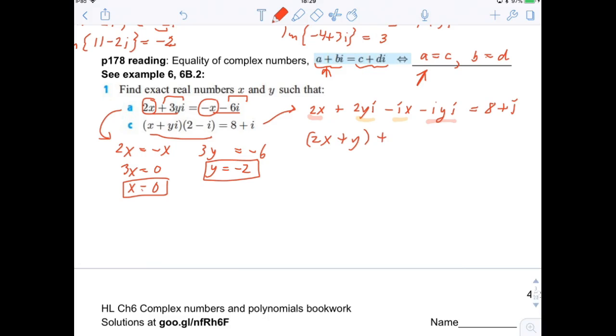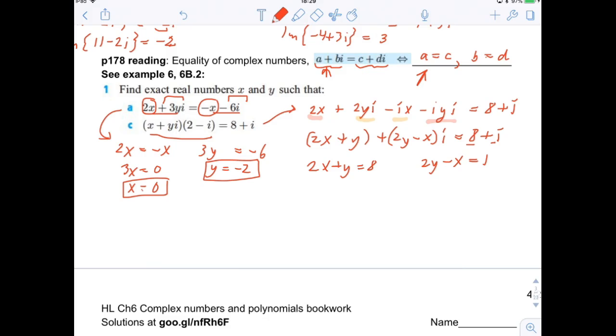So we'll write 2y minus x i, and that is equal to 8 plus i. So now we know that 2x plus y equals 8, and we know that 2y minus x equals 1, right? Because here's 8 and here's 1. So now we have a system of linear equations.